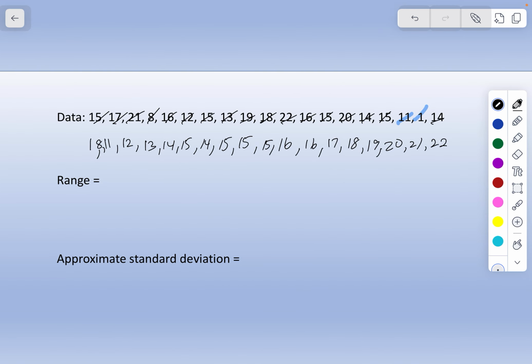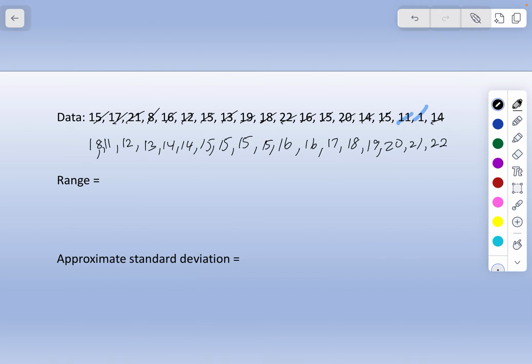Okay, and then I always count my data. 1, 2, 3, up to 19. I kind of switched around a 14 and a 15 here, so let me fix that.